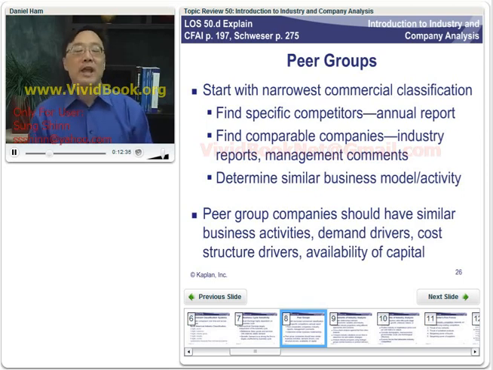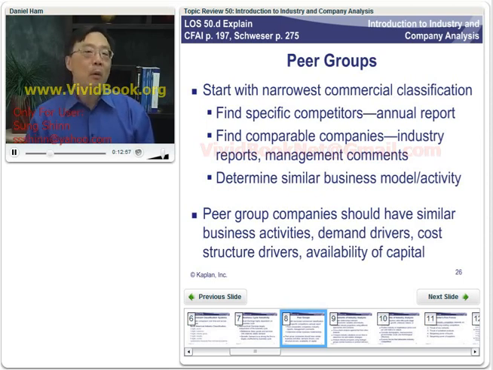But you can put these two, Disney and News Corp, as a peer group, and they will often come out in annual reports and industry reports as peers, because a lot more of their revenues come from the similar lines of business than from the smaller lines of business.